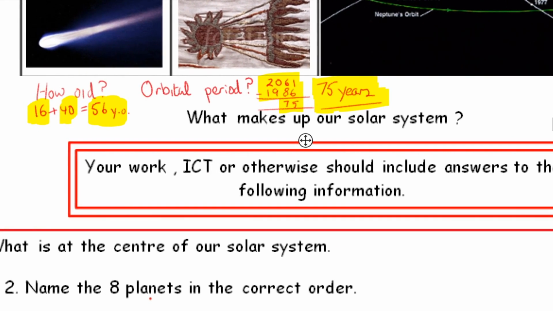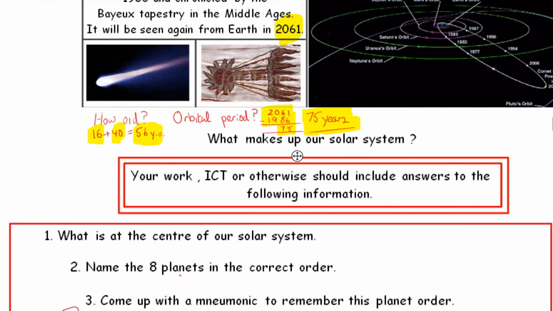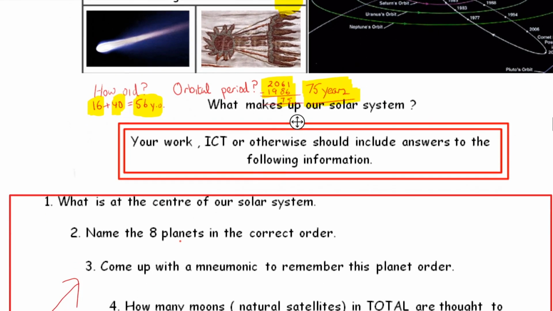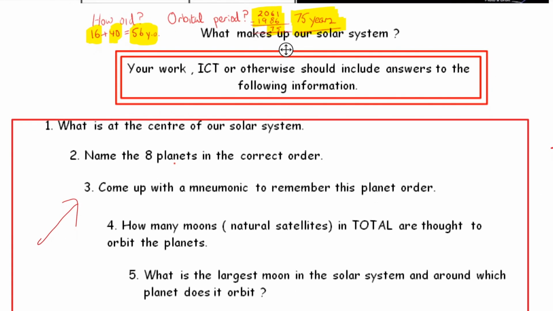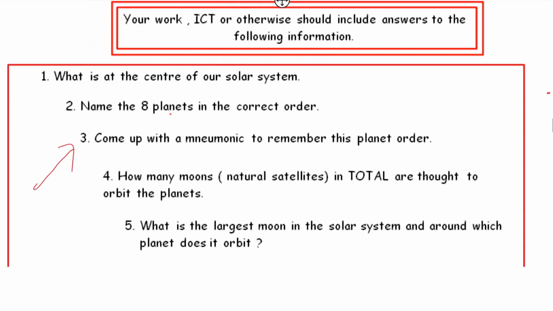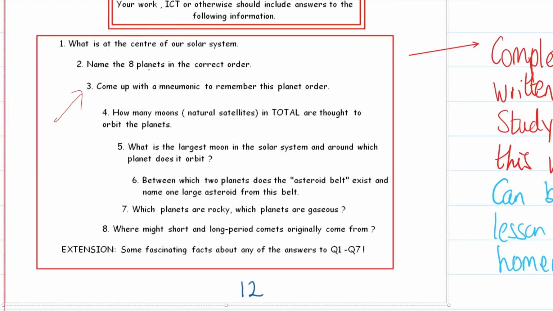Right, what makes up our solar system? You've got an exercise to do here now underneath. You can make notes in your booklet, but what I'd like you to do is to answer this on Study Zone. You won't have a plenary assessment for this lesson, but what you'll have instead is a written assessment.